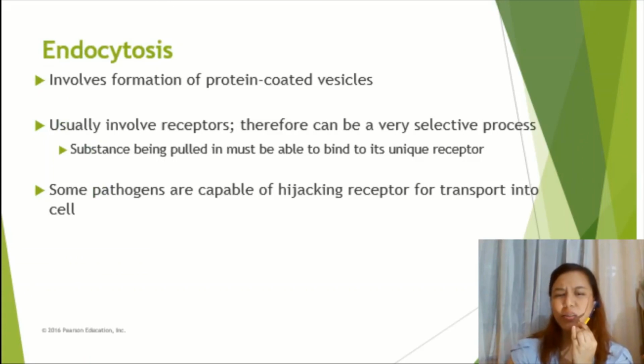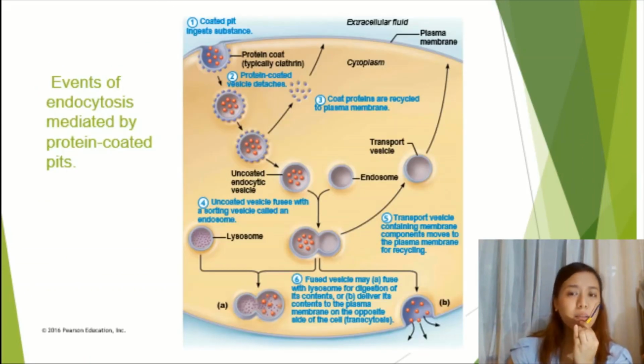So let's not really read upon it. But in endocytosis, for example, this is the whole cell. If this is the whole cell, for example, you have a bacteria going in, so the ones in red. So it will just enter the cell and then it will be surrounded by a certain protein coat.